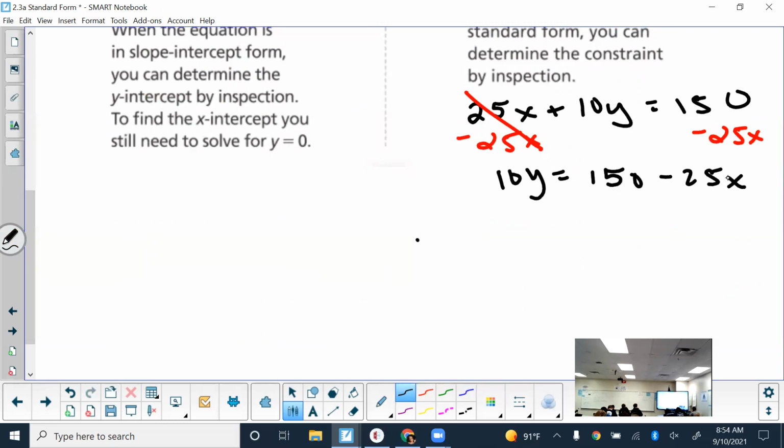Then how do I get the y by itself? Divide by 10, good, because that's the opposite of multiplying by 10. When you do that, make sure you're dividing each term, because really you're dividing this whole thing by 10. On the left, it cancels out. We have y equals, what's 150 divided by 10? 15, and then negative 25 divided by 10?